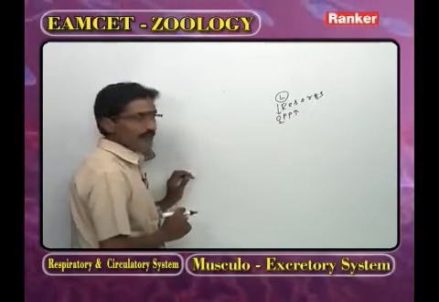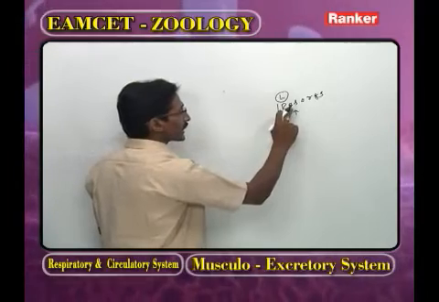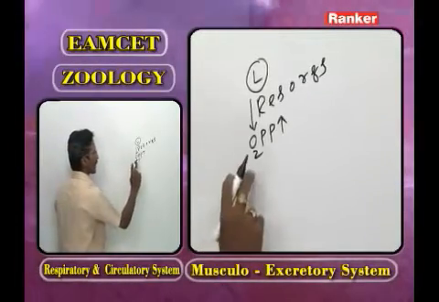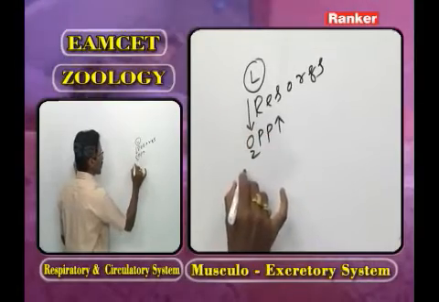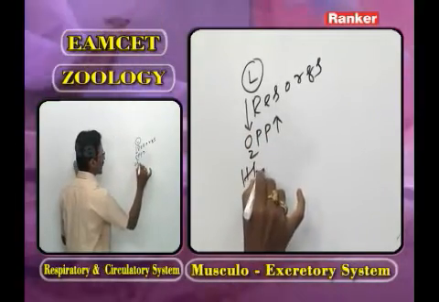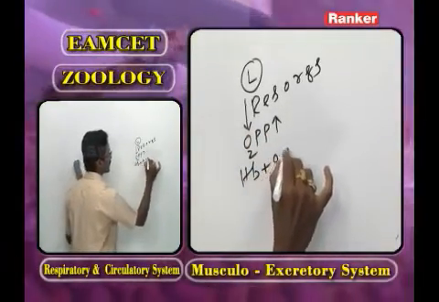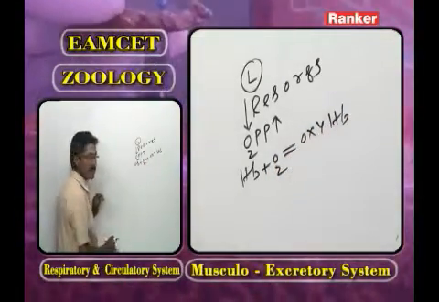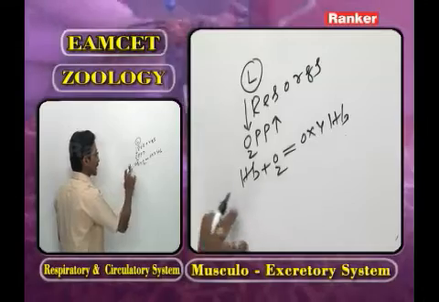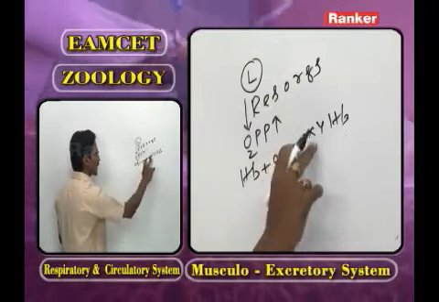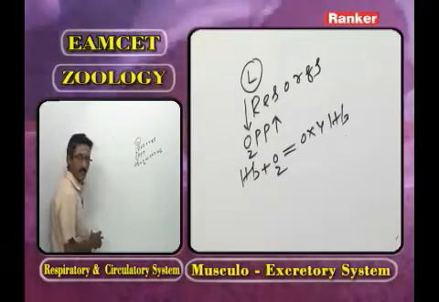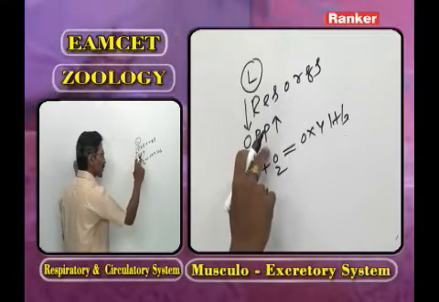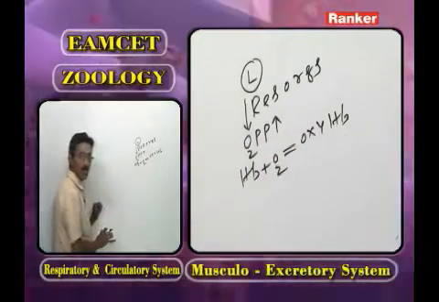PP means partial pressure. Whenever oxygen partial pressure is more, automatically the oxygen combines with hemoglobin and we are getting the oxyhemoglobin. In the respiratory part, all these reactions are reversible reactions. So whenever partial pressure is more, the saturation is more.